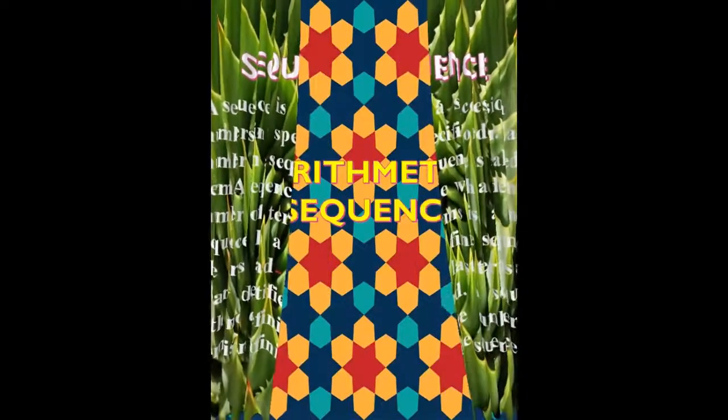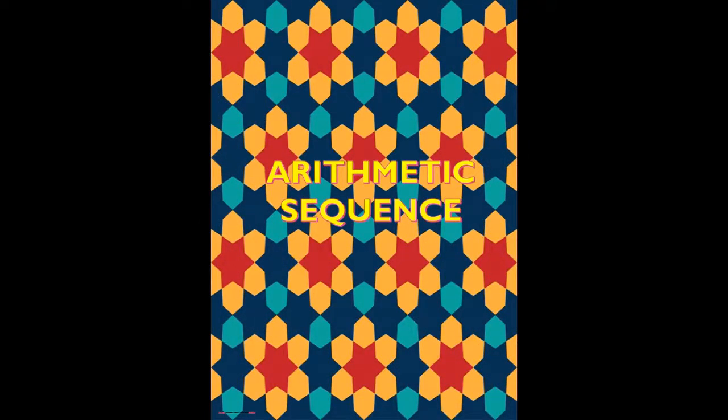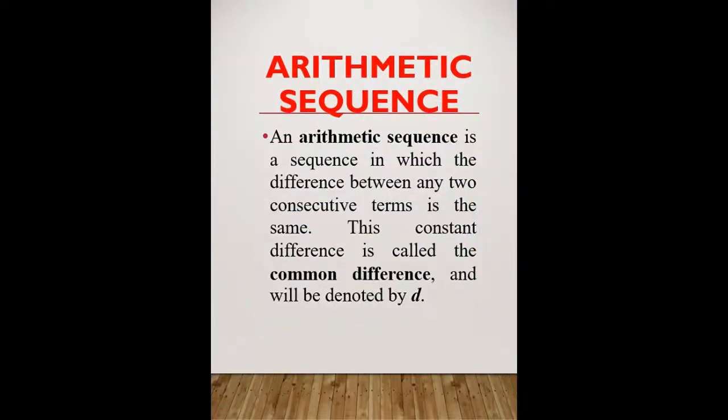One type of sequence is the arithmetic sequence. An arithmetic sequence is a sequence in which the difference between any two consecutive terms is the same, and that constant difference is called the common difference, and it is denoted by d.